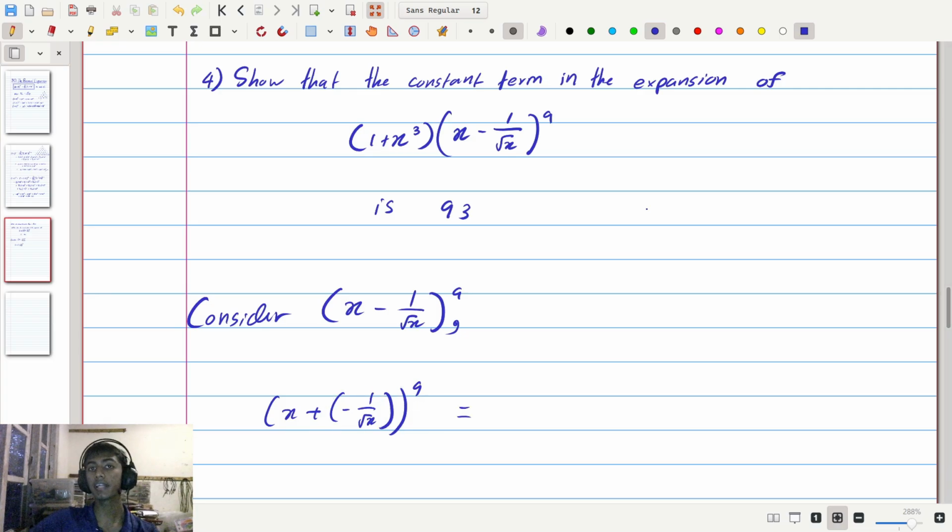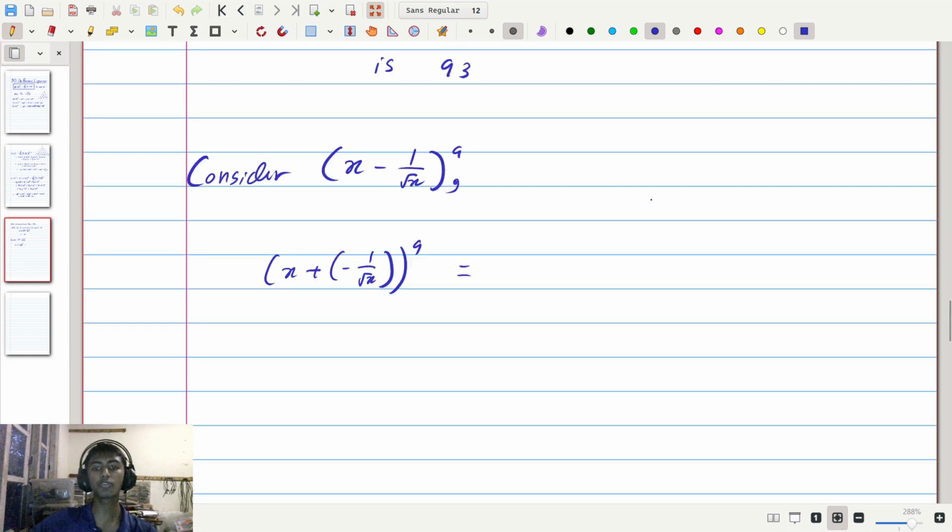Doing that, we can now substitute the binomial expansion into this. The binomial expansion for this thing is going to be the sum from r equals 0 up to n, which in this case is 9, of 9 choose r, times a to the power of r, in this case a is x, so we have x^r, multiplied by b to the power of n minus r. In this case, b is -1/√x.